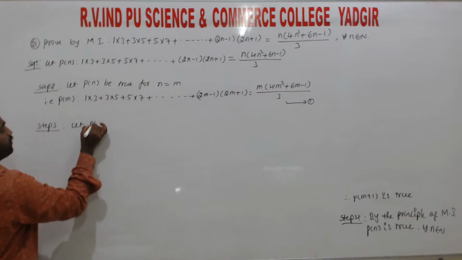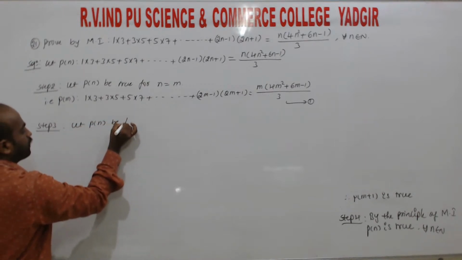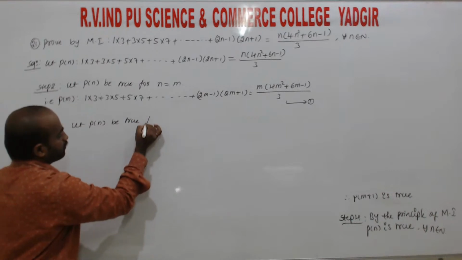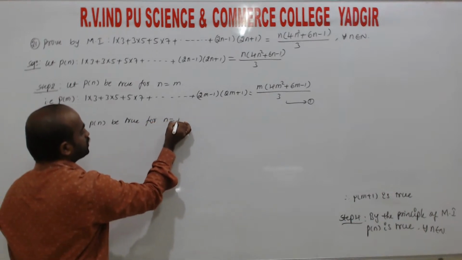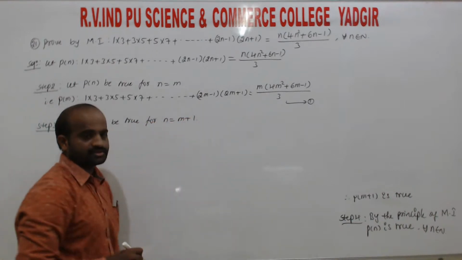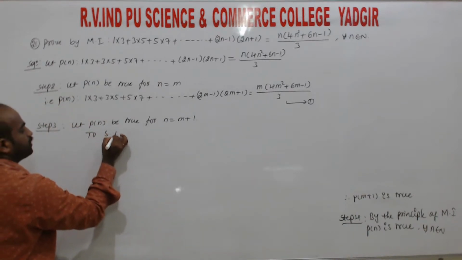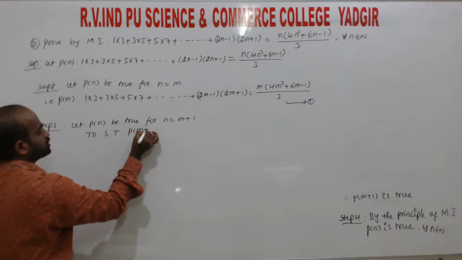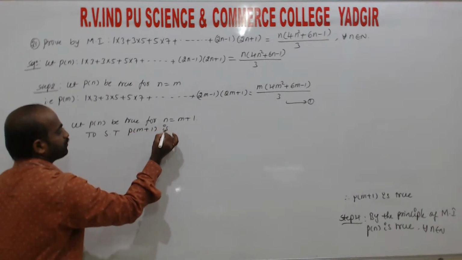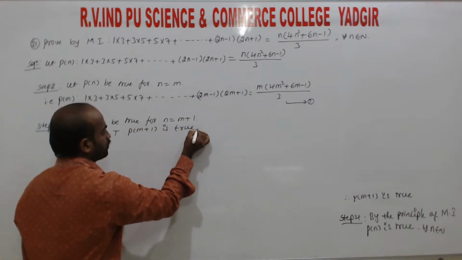Let P of n be true for n is equal to m plus 1. To show that P of m plus 1 is true.